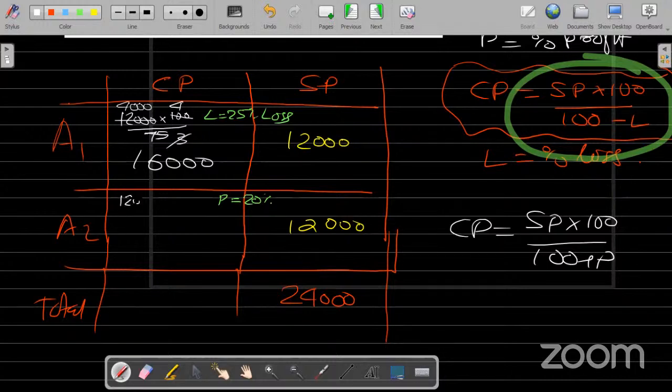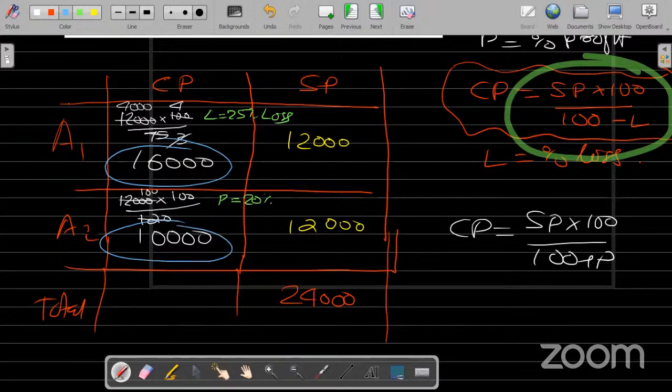So SP again is 12,000 into 100 by 100 plus 20, 120. I'll get 100 here. 100 into 100, 10,000 is the cost price of the second one. So the total cost price is 16,000 plus 10,000, 26,000. Total cost price is 26,000 and total selling price is only 24,000.